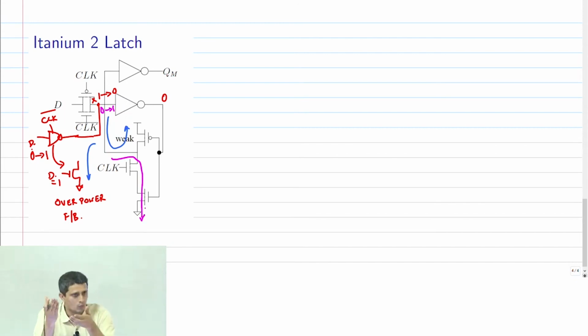When clock was 1. Now clock goes to 0. I want to sample the data, I want to bring it in. So when clock goes to 0, what happens to the feedback path? It breaks. And therefore now my tri-state inverter is free to write its data unconditionally. So here this is breaking feedback.